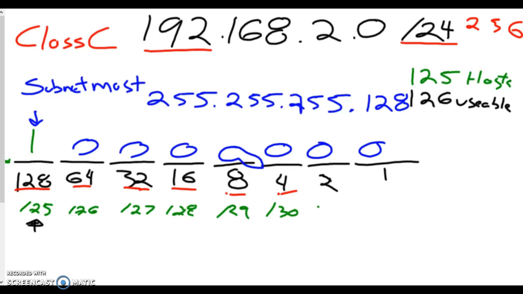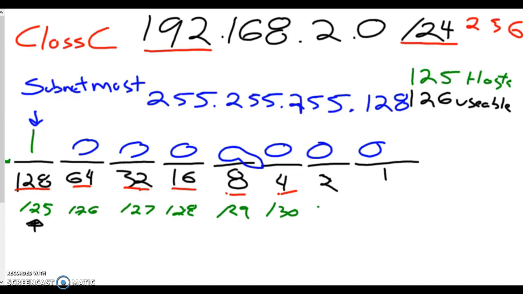Now we only have 2 subnets with this one because if we double 128, it'd be 256, which would be our values from 0 to 255.